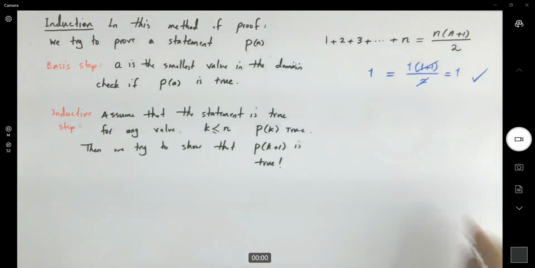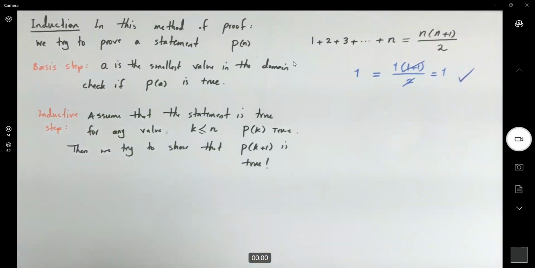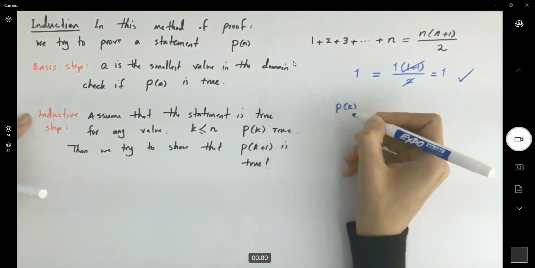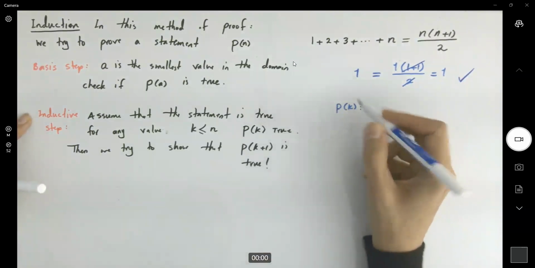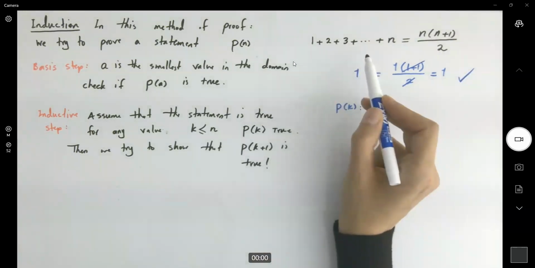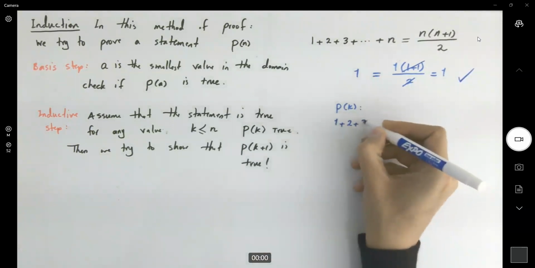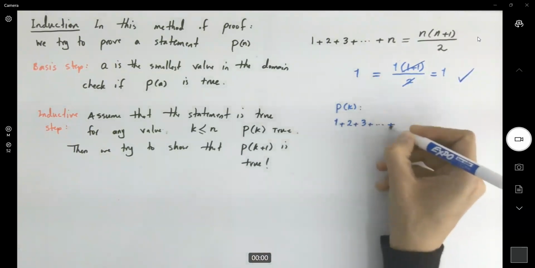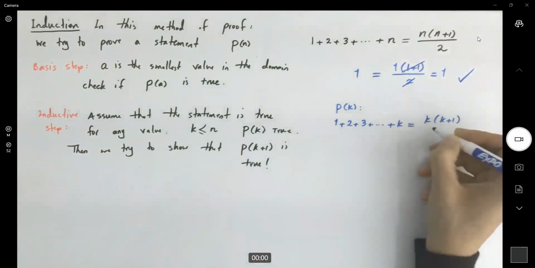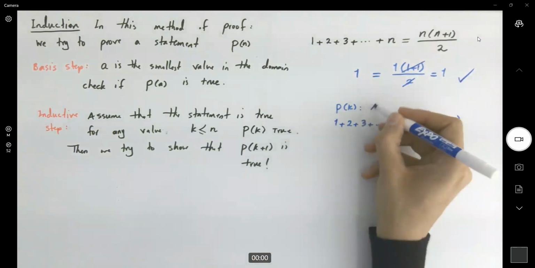Okay, so take a look at the formula. What is P of k? P of k in the inductive step is going to be the sum of the very first k natural numbers. So 1 plus 2 plus 3 plus k is equal to k times k plus 1 divided by 2. This is our assumption.